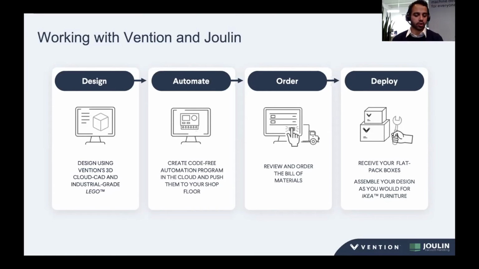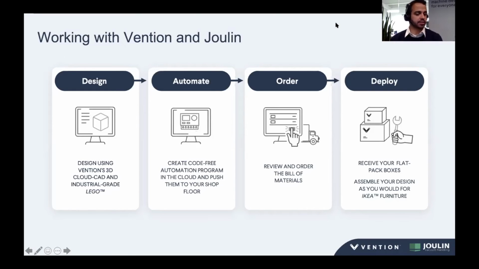All of the hardware that is used in building up this solution, whether it's the Joulin stuff, maybe the conveyors, the actuators, et cetera, a lot of it is Vention, a lot of it is working through partners. You're basically able to get that from a single source, right? So it's really going to make your life a lot easier being able to purchase from a single place, not having to track and submit a bunch of different orders. So that's that whole idea there.